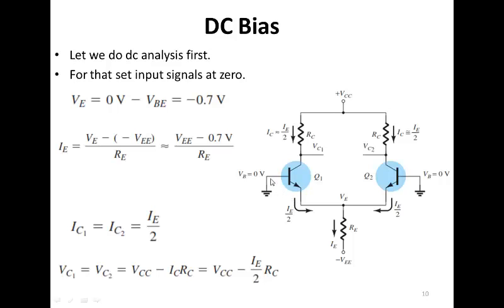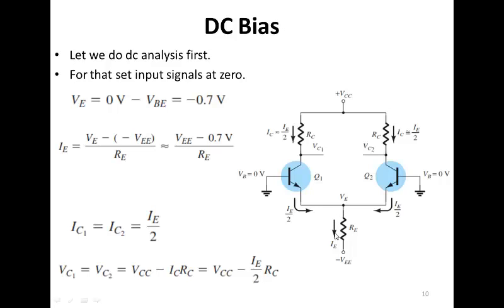If I know the voltage at base, I can find the voltage at emitter, because the potential difference between these two terminals is 0.7. So the potential at emitter would be equal to the potential at base minus 0.7. So VE would be equal to 0 minus VBE, which is 0.7, so 0 minus 0.7 is equal to minus 0.7 volts.